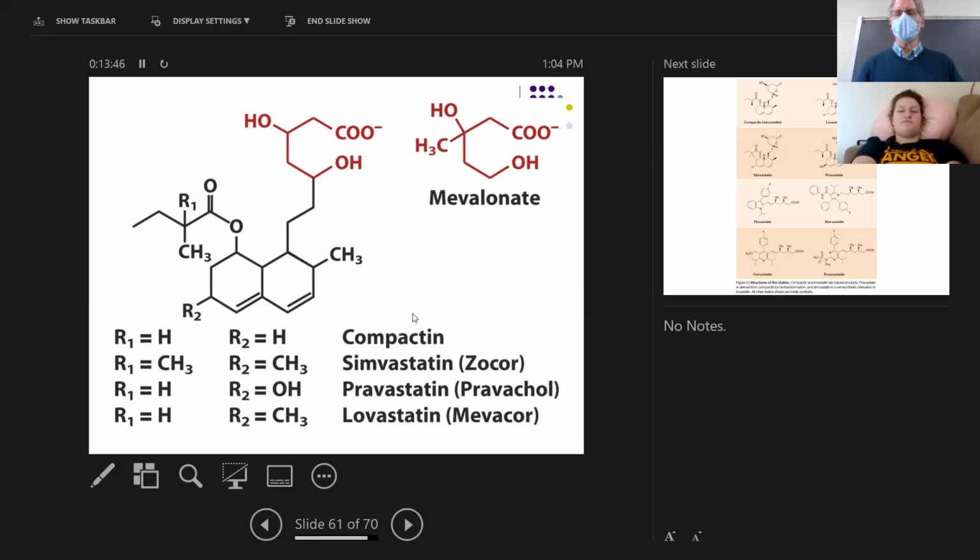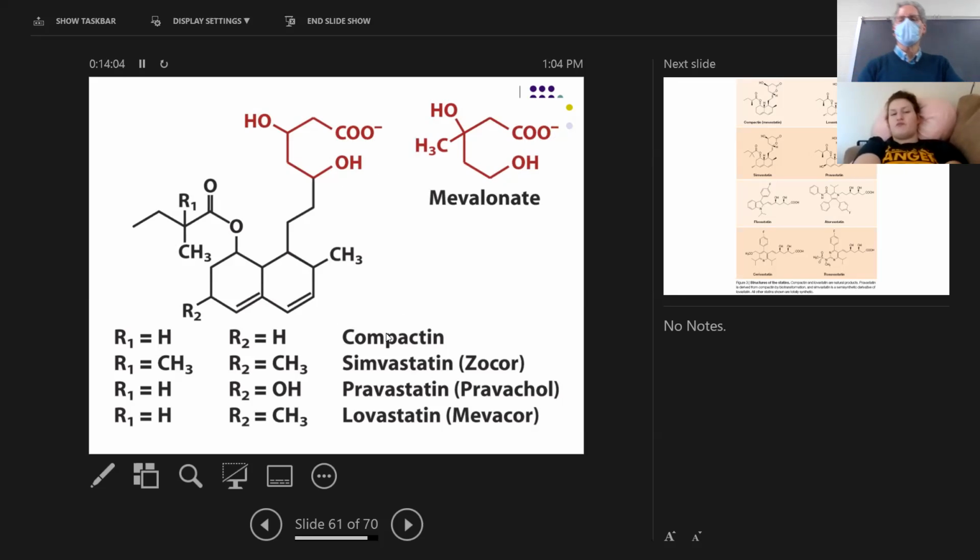Okay, so you can see the mevalonate here. Notice the mevalonate structure. This structure is found essentially in these. If you simply make these R groups hydrogens, you have Compactin.